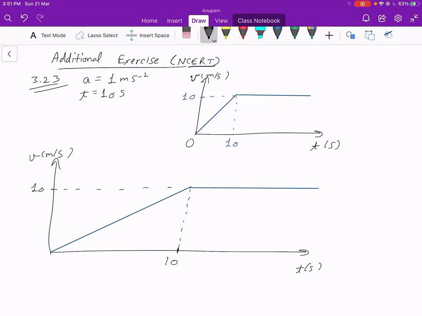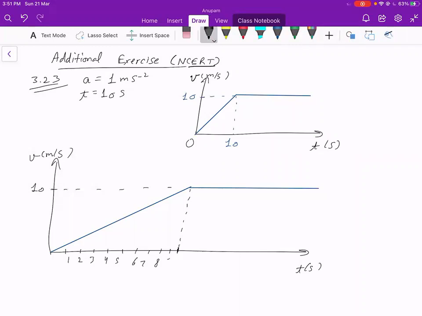They are asking distance covered in nth second versus n, which means that I divide this into 1, 2, 3, 4, 5, 6, 7, 8, 9, and 10. What is the meaning of nth second?